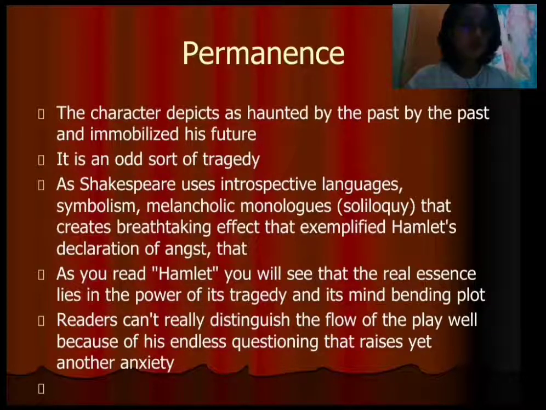As Shakespeare uses introspective language, symbolism, and melancholic monologues or soliloquies, he creates breathtaking effects that exemplify Hamlet's declaration of angst and other emotions.